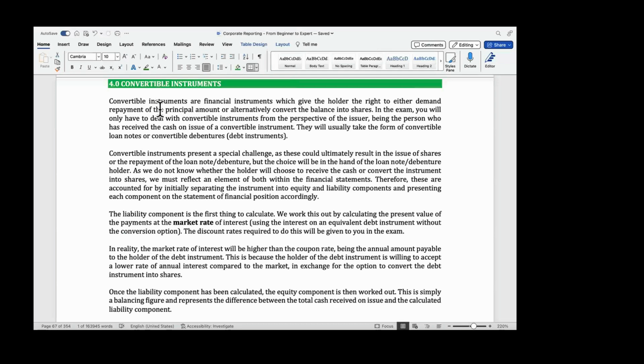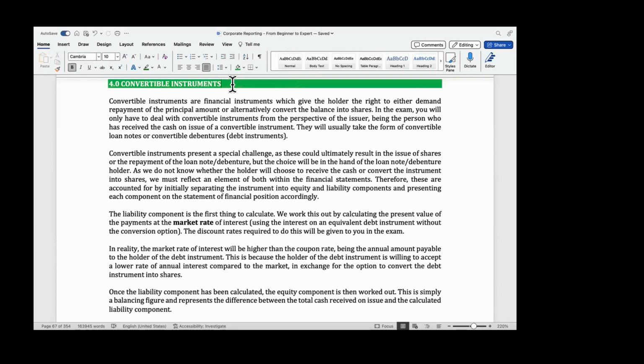For convertible instruments, what this is looking at is a scenario where an entity has convertible debts, majorly convertible debts.